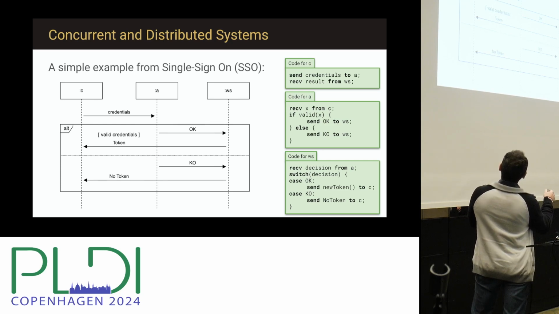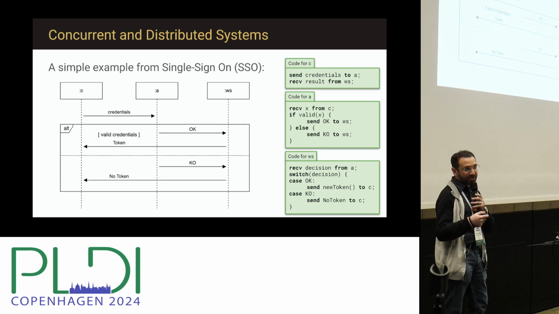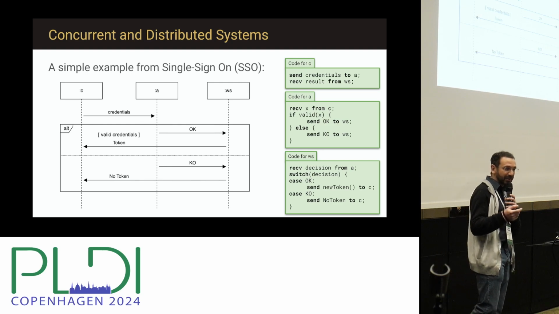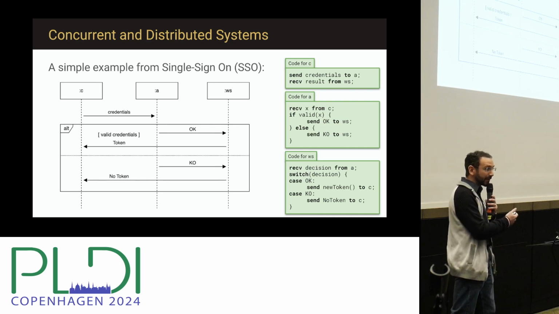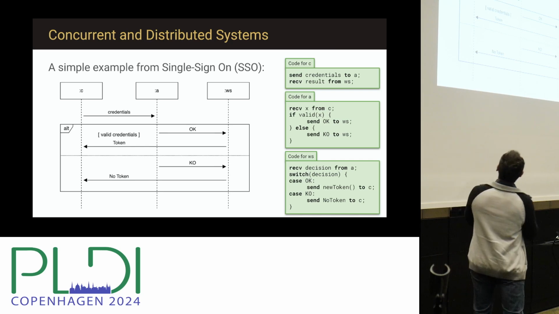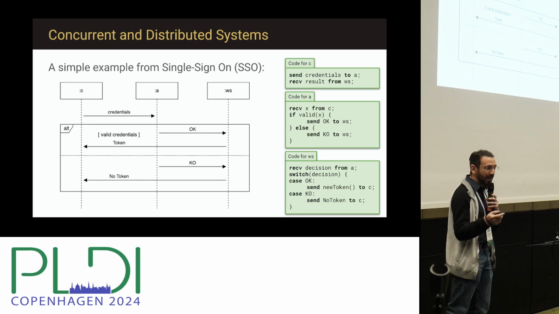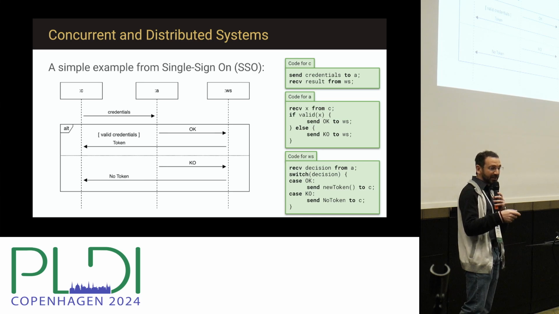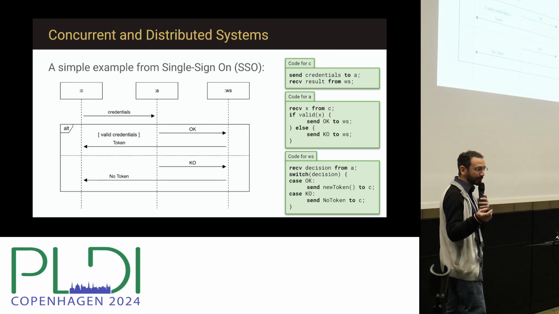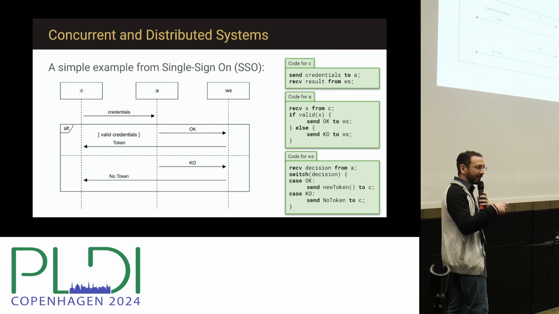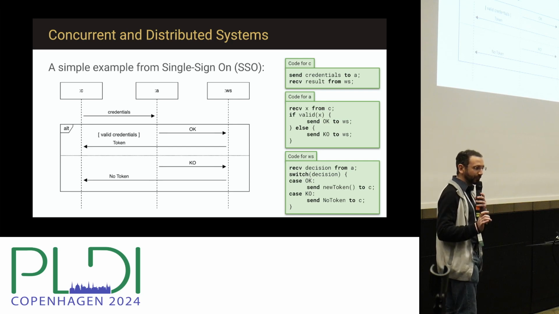You have participants, also called roles in choreographies, and they interact through messages and exchange data. It's simple to see what happens in this protocol. C sends some credentials, and then there is a distributed branching behavior where A checks the validity of the credentials and sends OK or KO to WS, which sends either a valid token or an empty one.